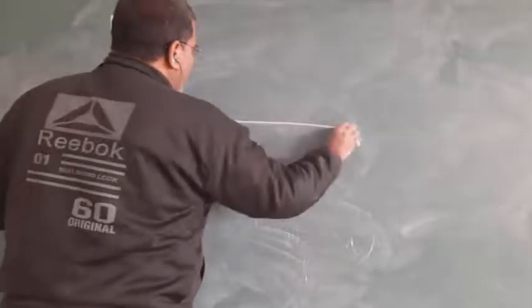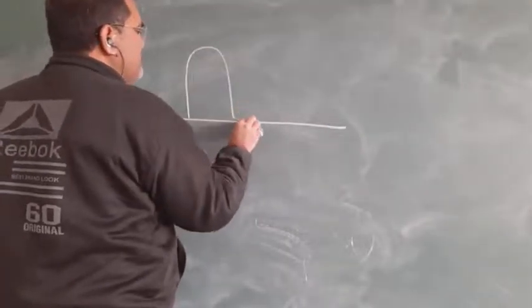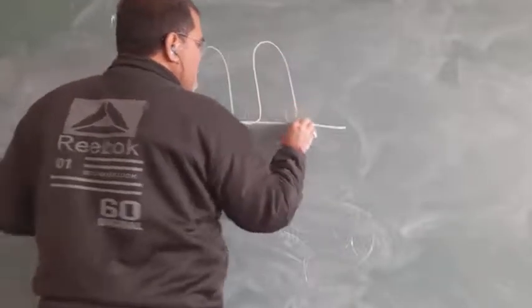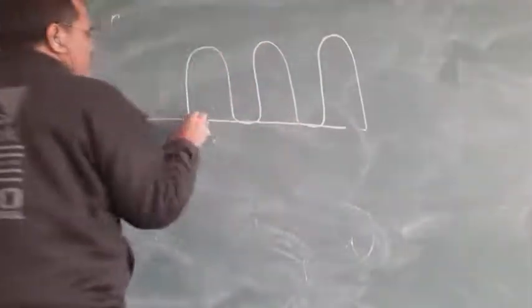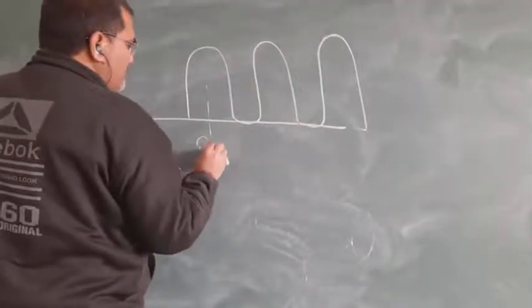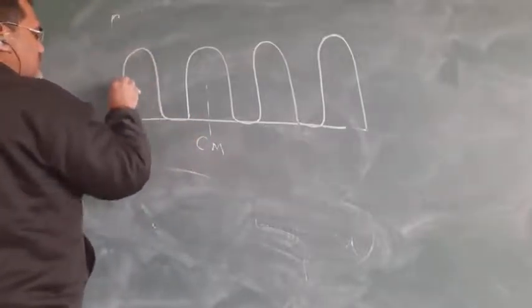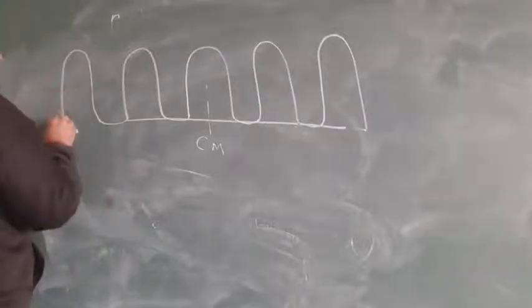You can also make the intensity diagram for the interference pattern like that. This is maxima, this is minima, again this is maxima, this is minima, again this is maxima. So this is the central maxima, this is maxima, minima, maxima.